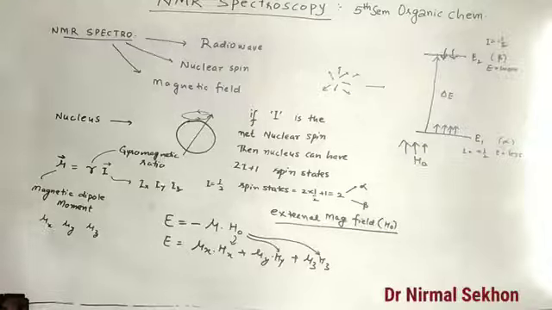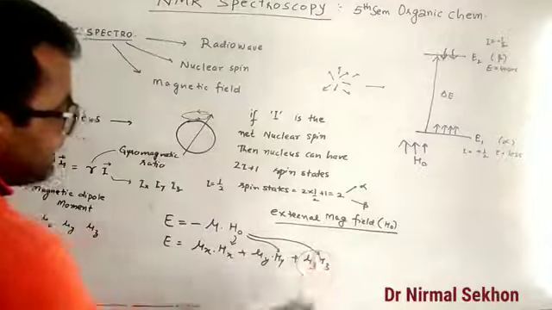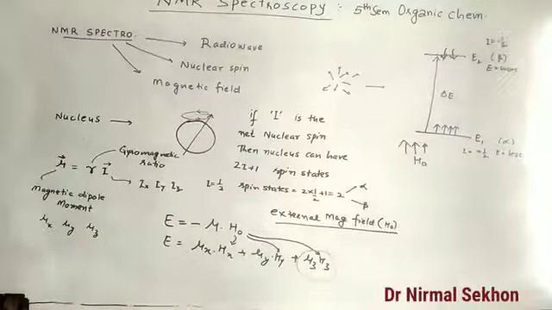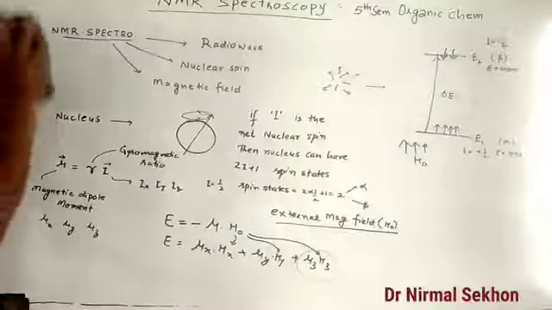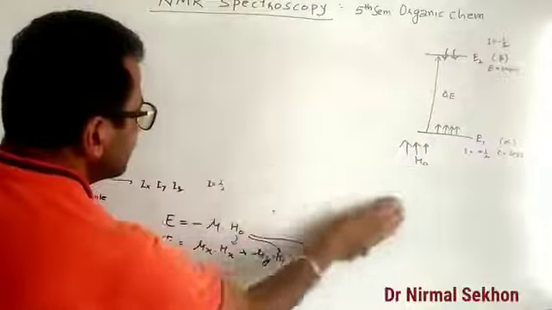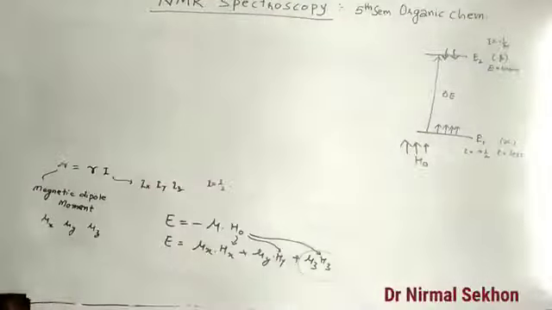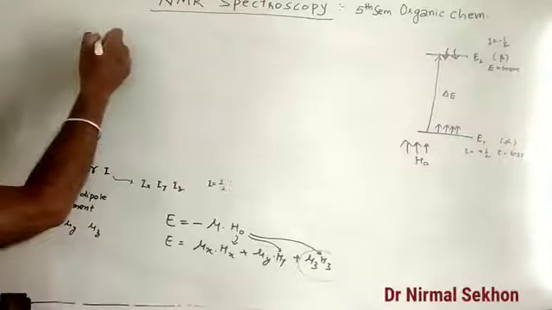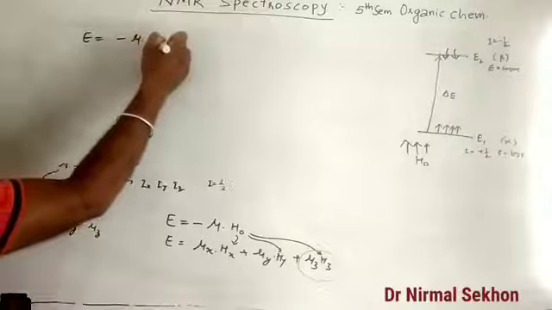Now from which direction are we applying it? Suppose we apply the external magnetic field in the Z direction. Then what happens to the X and Y components? They become zero, they do not exist, and only the z component exists, mu z. So the energy equals minus mu dot H0.